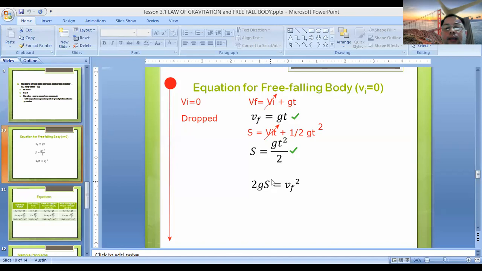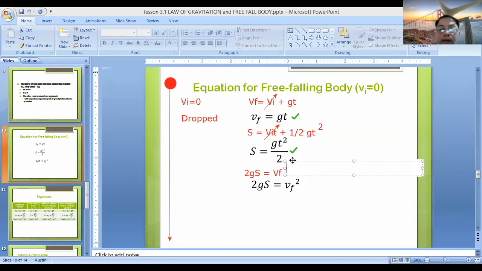And we also have an equation from last time that is equivalent to this one. We were able to come up with 2as. Actually, that was 2as, but this time we will call it 2gs. G is the equivalent of the acceleration a, and that equals vf squared minus vi squared.